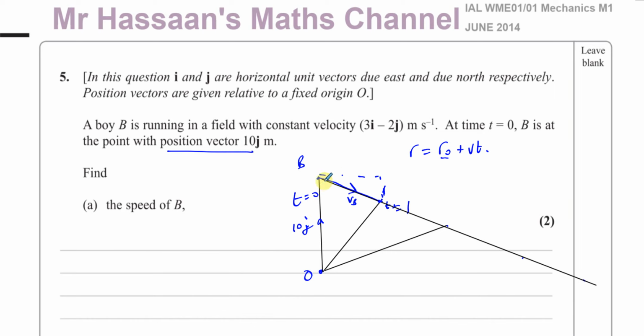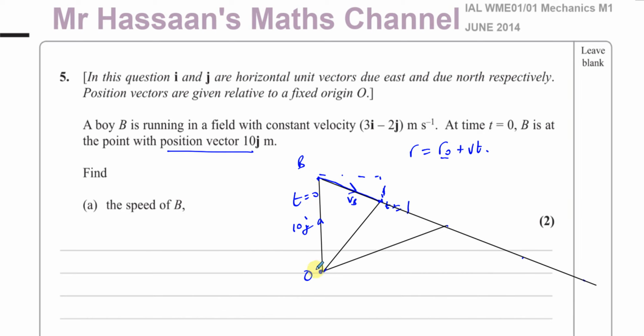Then you add to that the velocity vector times the time, because to find where it is after 1 second, you go from O to where it was at the beginning, and then 1 velocity vector along. If time was 2, you go 2 velocity vectors along. If time is 3, 3 velocity vectors along. You have to go from O to B and then B to that point.